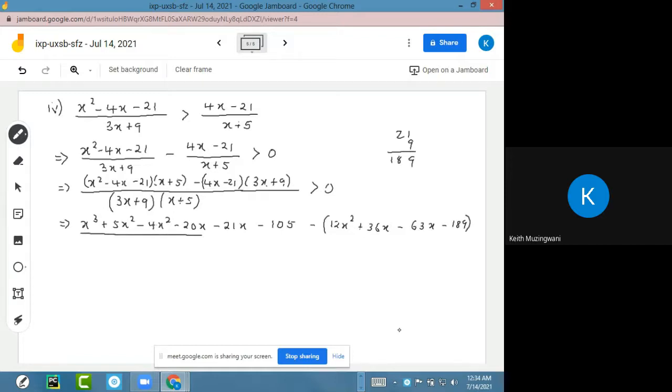Everything over the already factorized thing, 3x plus 9 and x plus 5. This must be greater than 0.